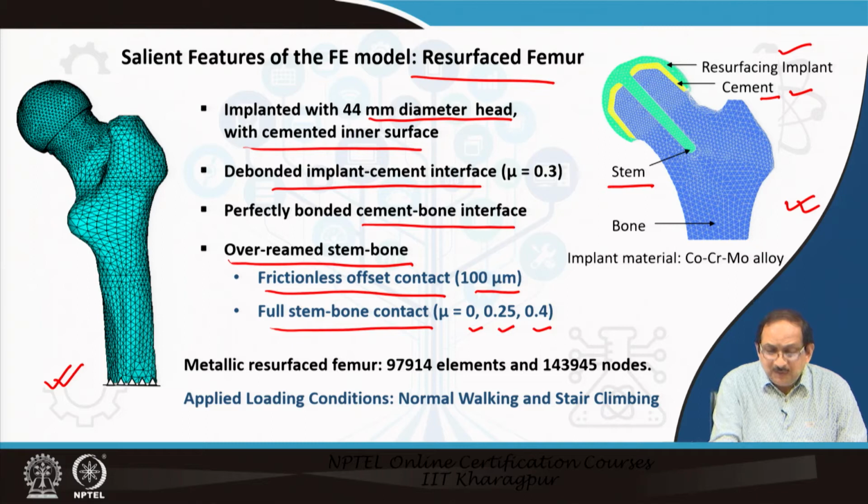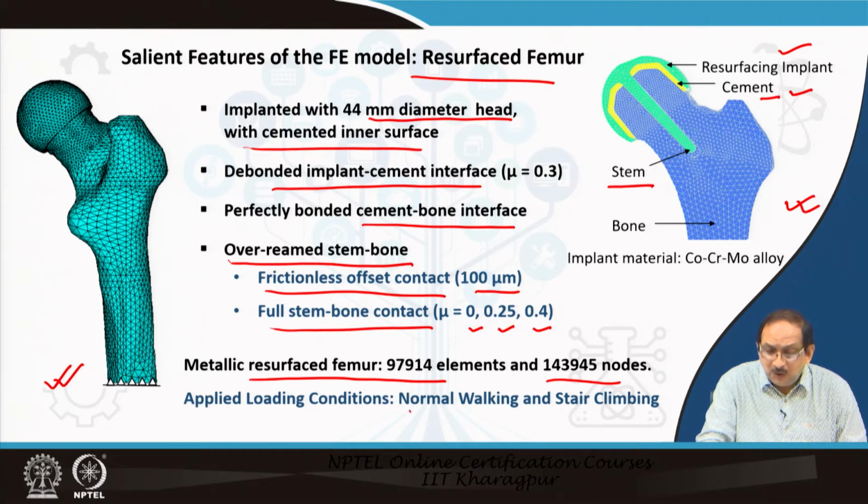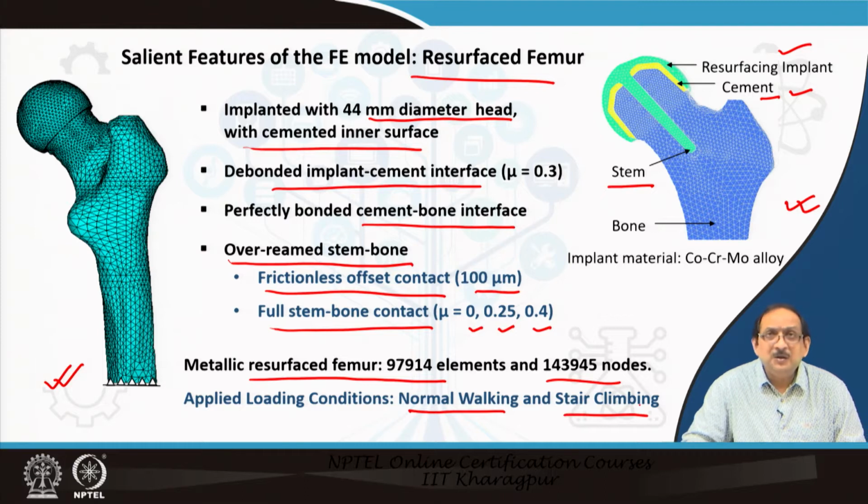Here also, the metallic resurfaced femur model had 97914 elements and 143945 nodes. The applied loading conditions used for the simulations were normal walking and stair climbing. The musculoskeletal loading conditions corresponding to normal walking and stair climbing were used in the FE analysis.